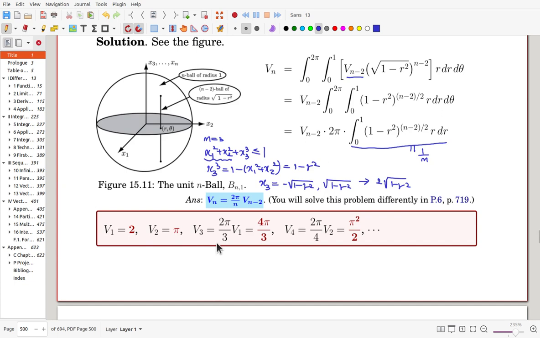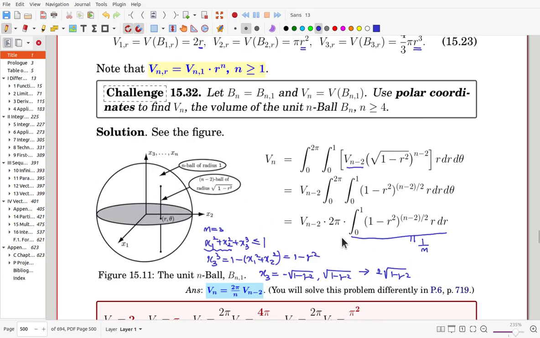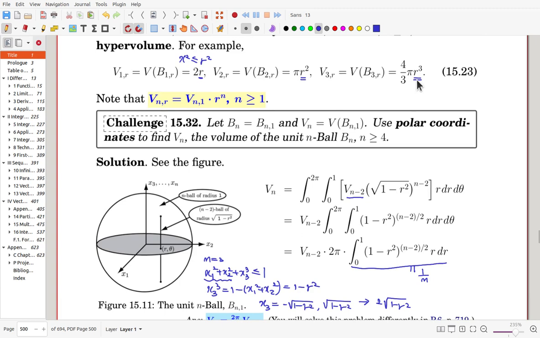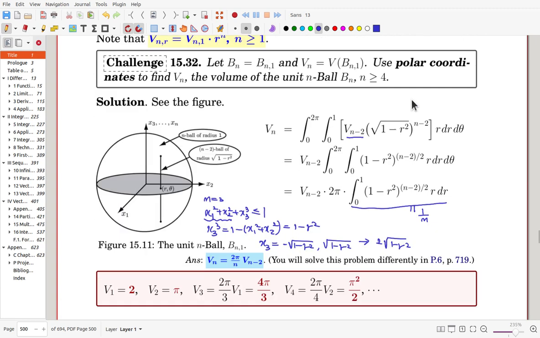From here, we may use the formula. V3 is 2 pi over 3 times V1, V1 is 2, so we recheck that quantity. That is exactly the same as here. Now, when r is 1, we have that one. So we have a consistent result.